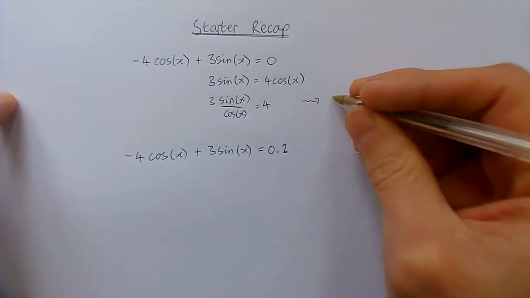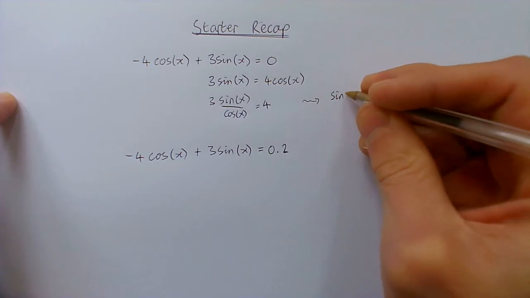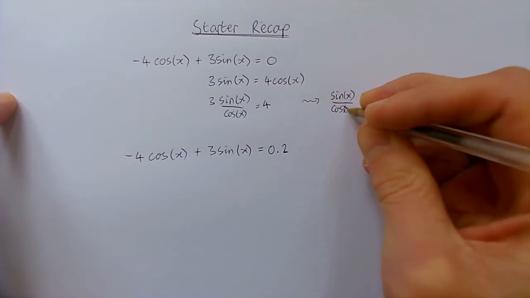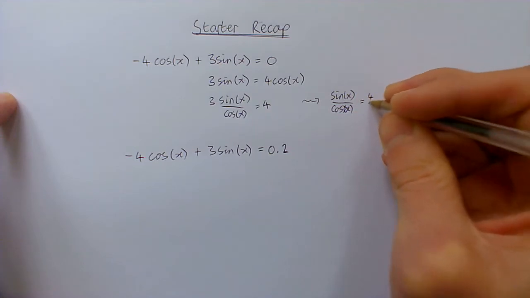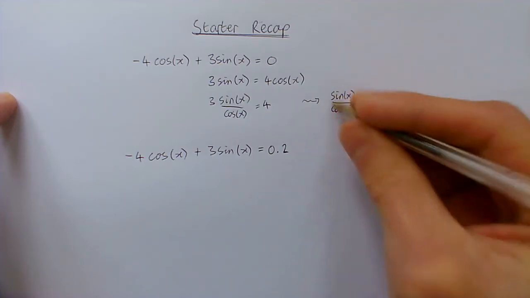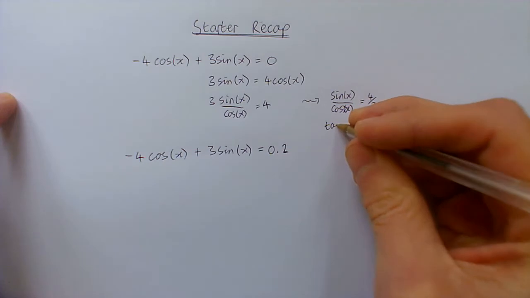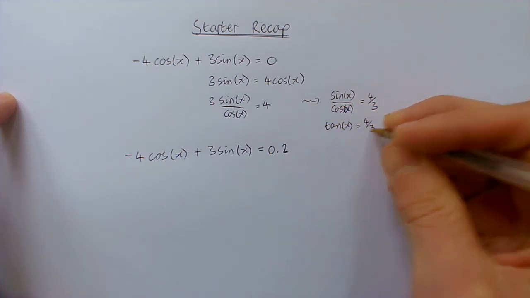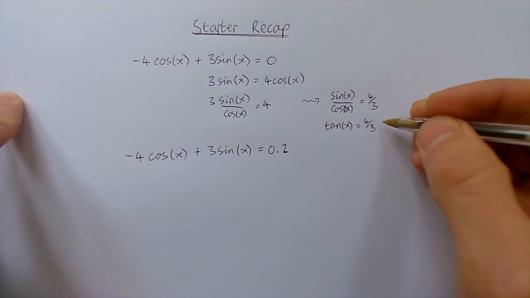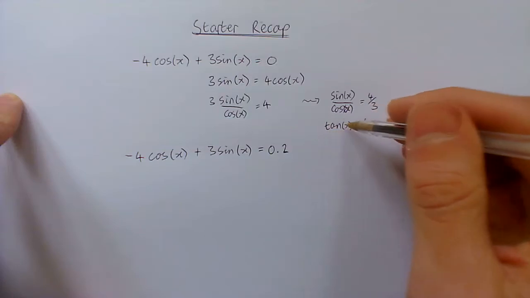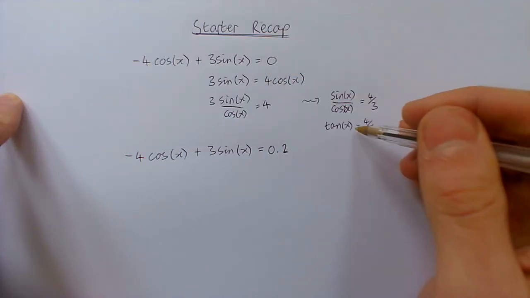So that gives me sine x over cos x equals 4 over 3. And so we get, when we finish doing sine over cos, remember a little identity, sine over cos is tan of x equals 4 over 3. That is something we can totally solve. So that is actually very like some of the examples we did with our identities, where we went to a tan x. We can solve this.